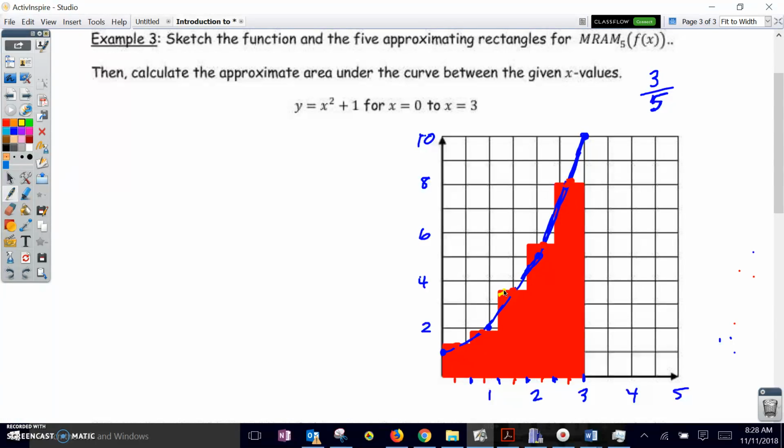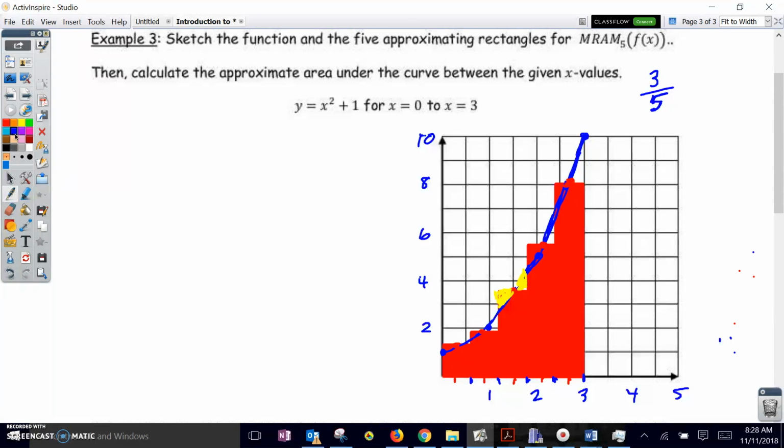That's getting picked up by the rectangle, and it's kind of balanced out by the amount of area that's left uncovered by that rectangle on that interval. As a result, we tend to find that MRAM is a little bit more accurate than our LRAM and RRAM as far as finding the exact area underneath the curve on the interval.